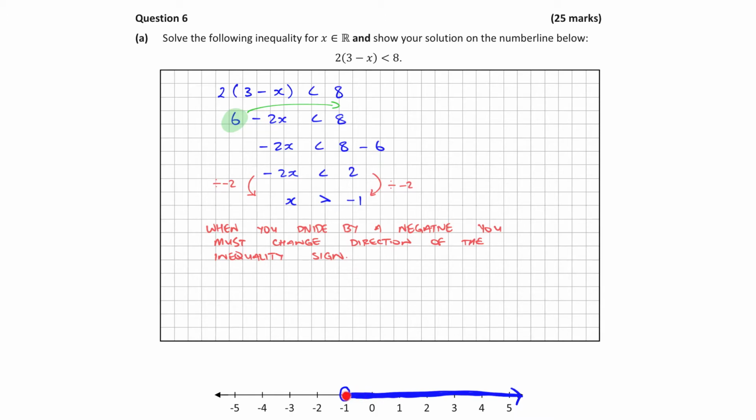So when we circle it, it means we're not including it. Some questions do ask us to include them, and then we'd colour that in. But if we're not going to include it, we leave it blank. And for that question in 2019, that inequality question was worth 10 marks.